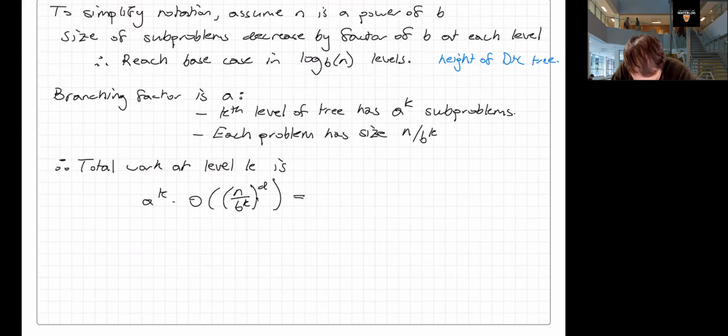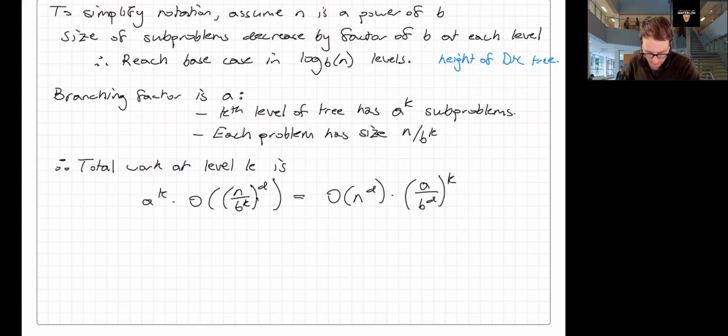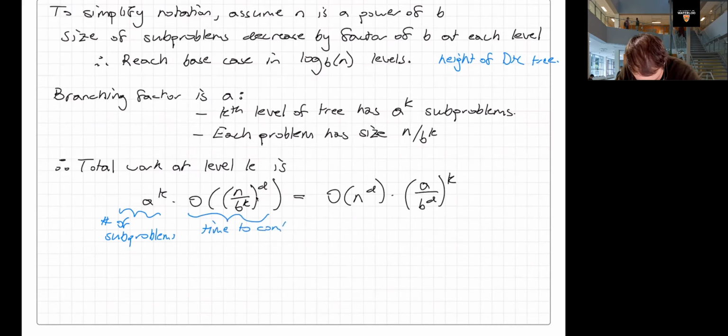I can write this as big O n to the d multiplying a over b to the d all to the power of k. This here is the number of subproblems, and this here is the time to combine their answers.